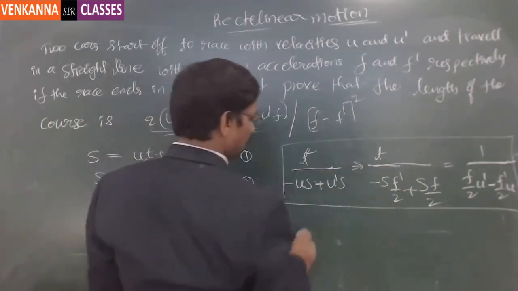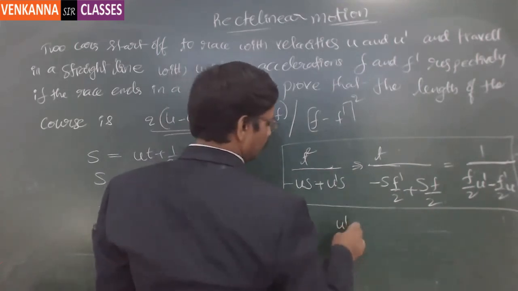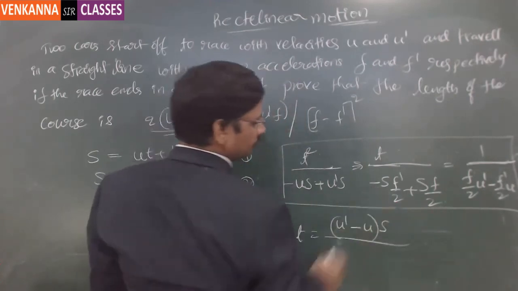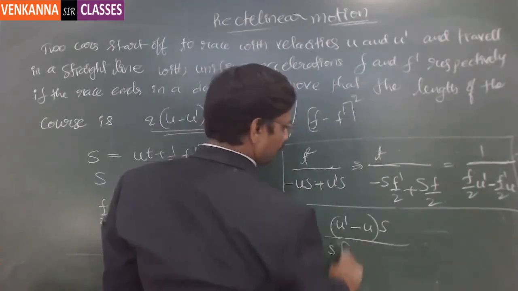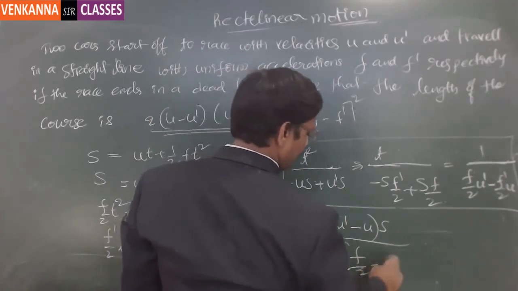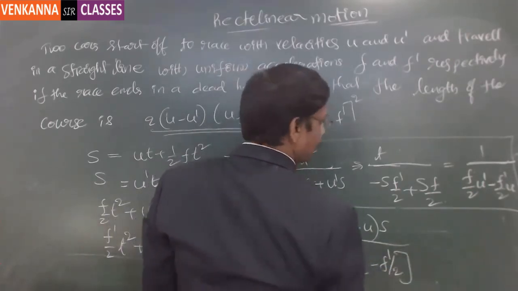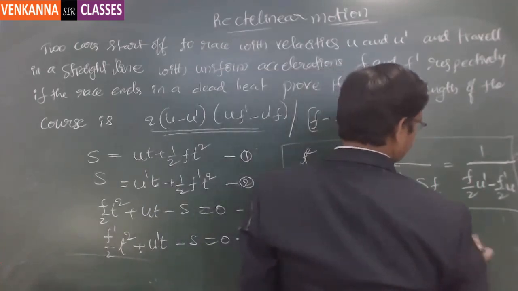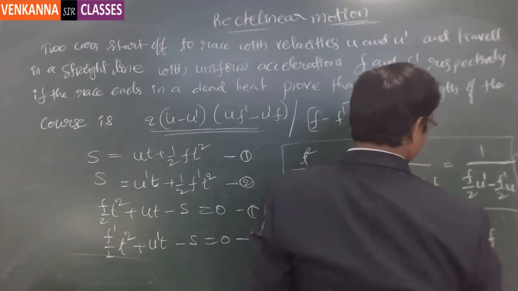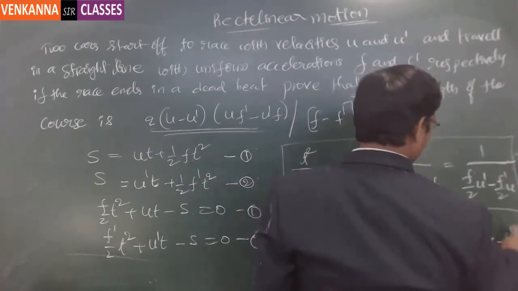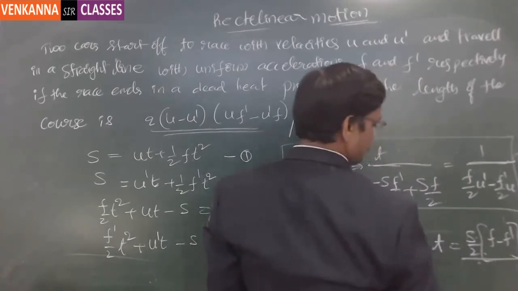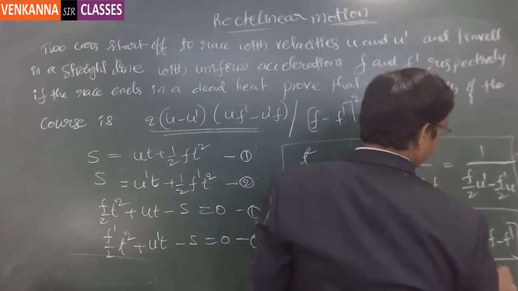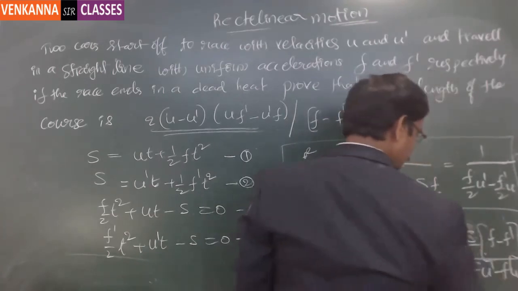So from these two, t you can write as u dash minus u times s divided by s into f by 2 minus f dash by 2, and from here t is equal to s times s by 2 times f minus f dash divided by f u dash minus f dash u. So this is the value of t.